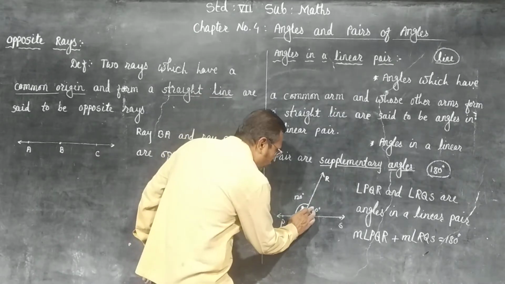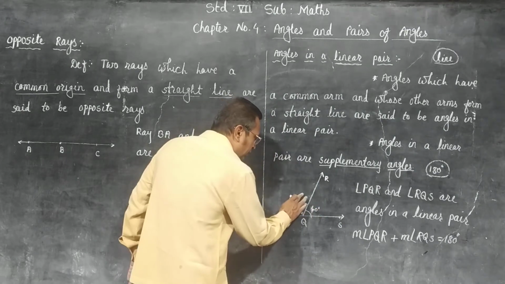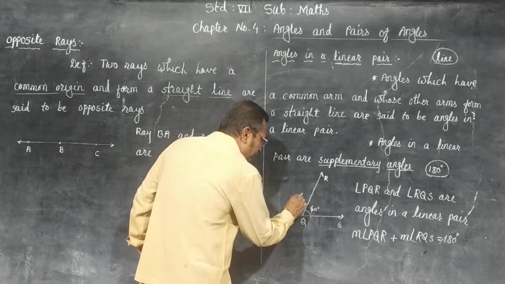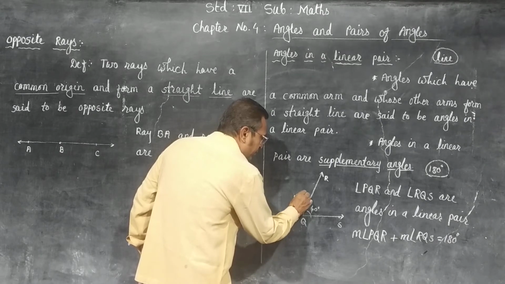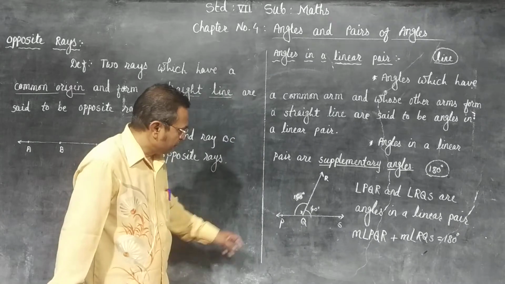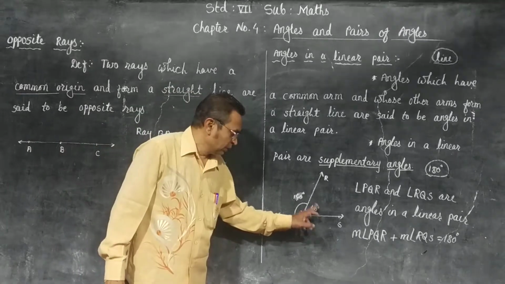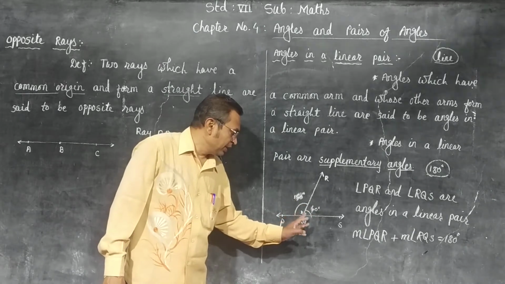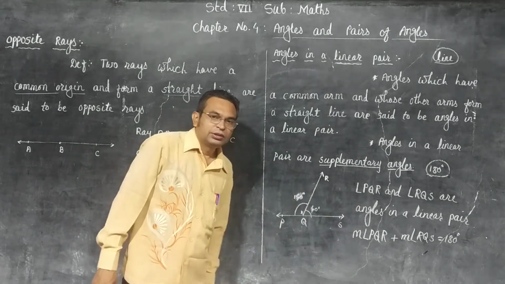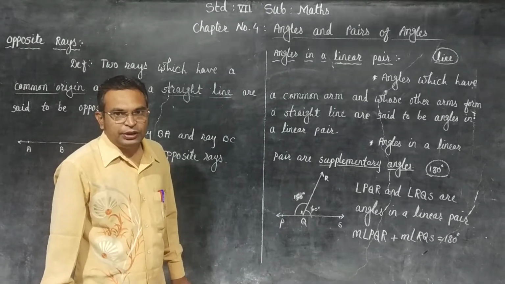If this angle is 40 degrees, then this becomes 140 degrees. Because the sum of the angles in a linear pair is 180 degrees, they are supplementary.